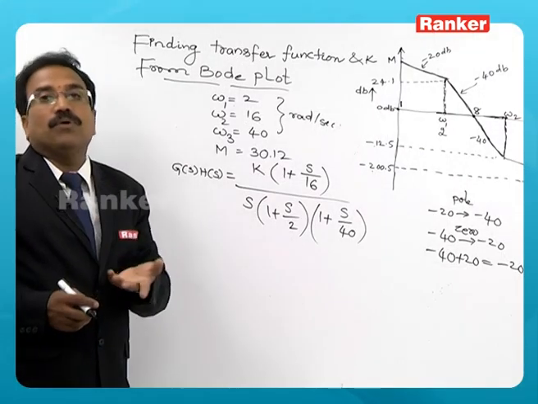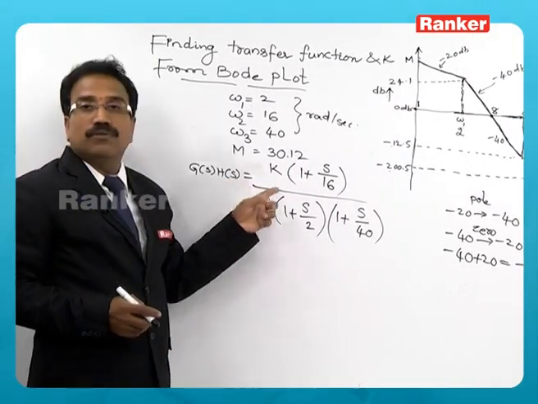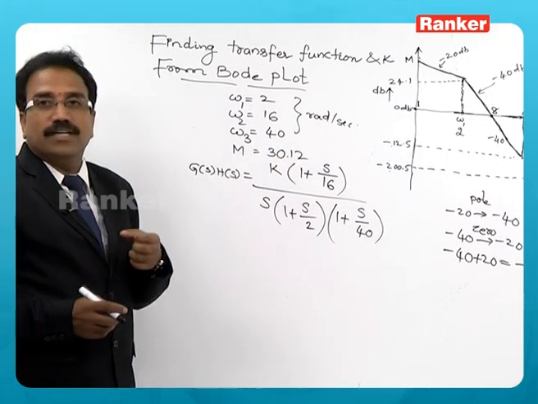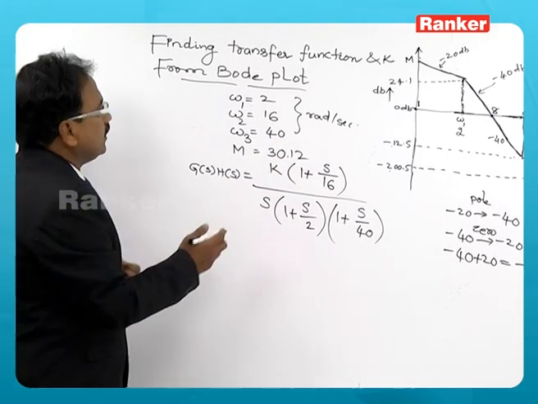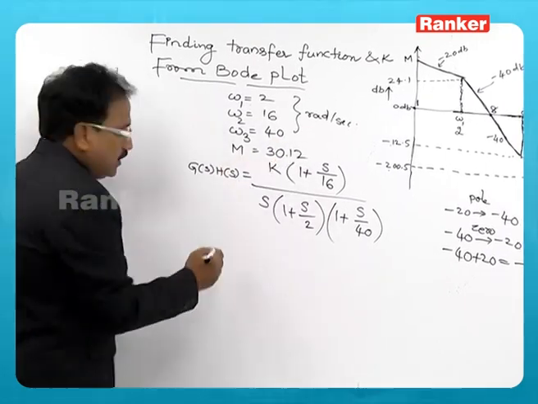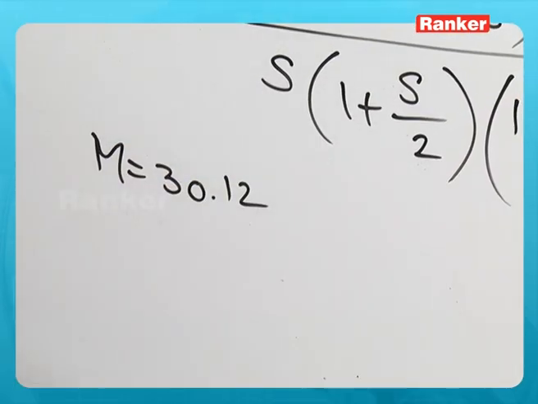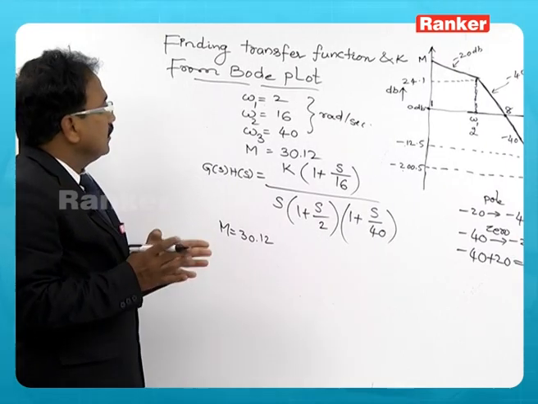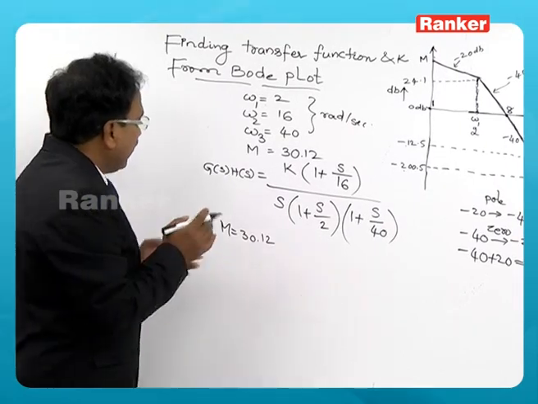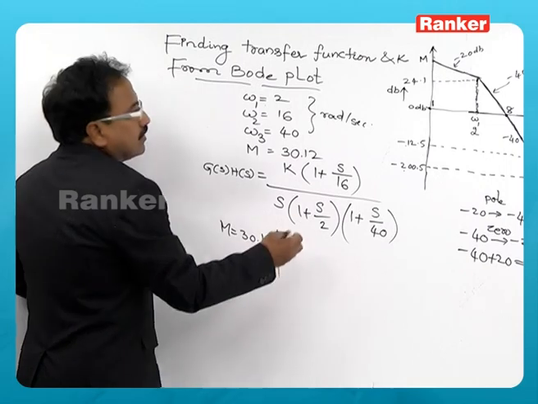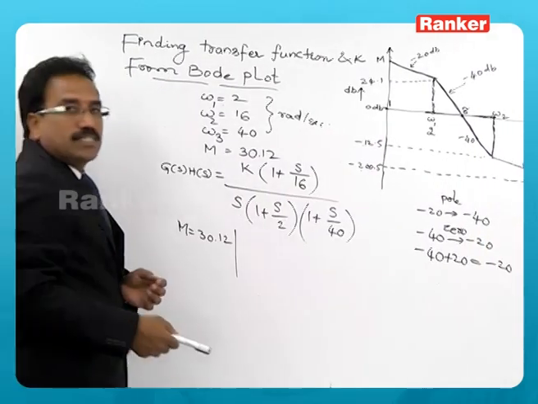Now, another important thing is we should find out the value of K, that is not obtained here. So, we know that the magnitude M is equal to 30.12, the magnitude of the transfer function at frequency 1 radian per second.